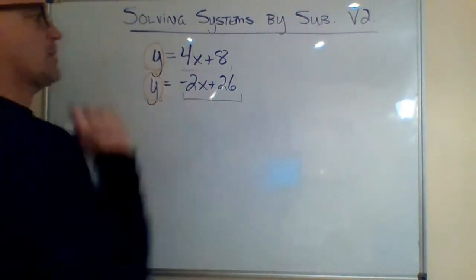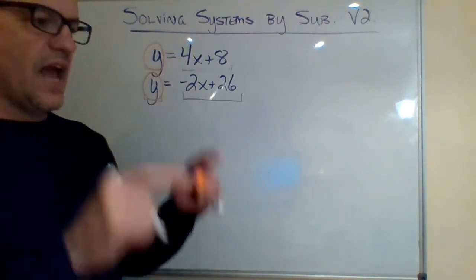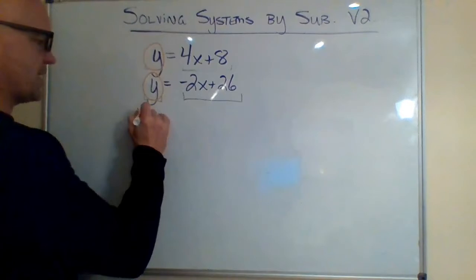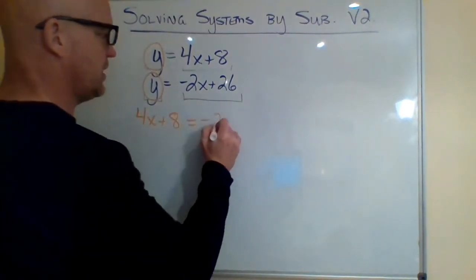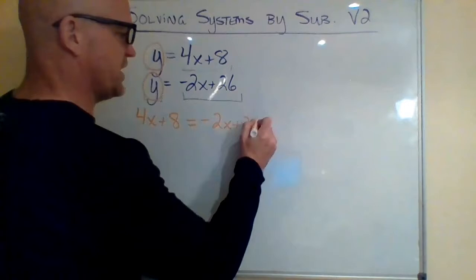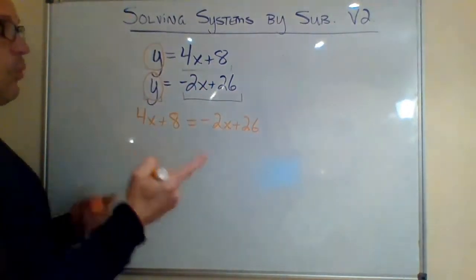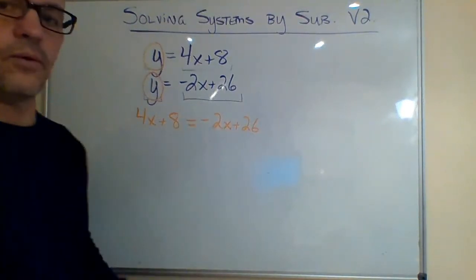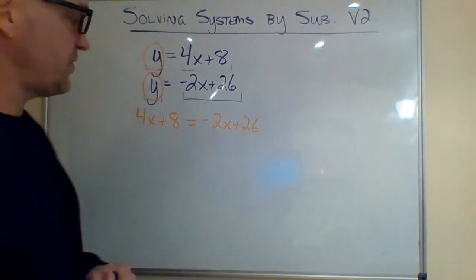So if this y equals 4x plus 8 and this y equals negative 2x plus 26, and we want them when they're equal, let's set them equal. So we're going to put that 4x plus 8, set it equal to negative 2x plus 26. We're substituting that 4x plus 8 in for that y, or that negative 2x plus 26 in for that. Either way, they're equal. Now we have an equation that we can solve very easily.